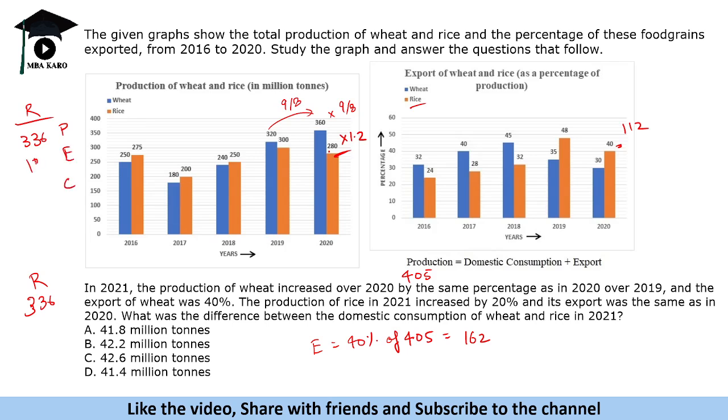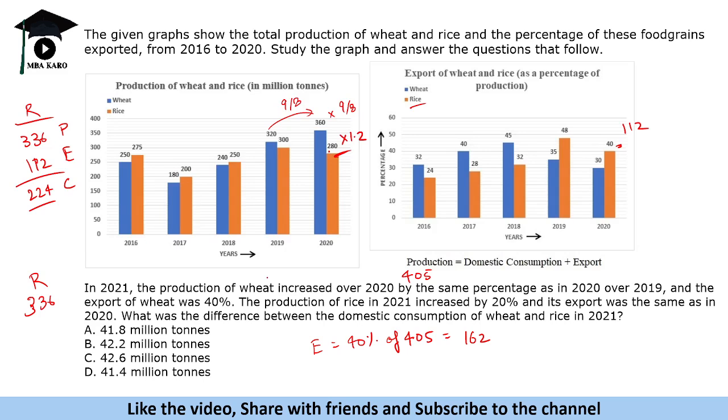So export is 112, so that means consumption is 224 and the production of rice export was the same as in 2020. So 224 will be the consumption.